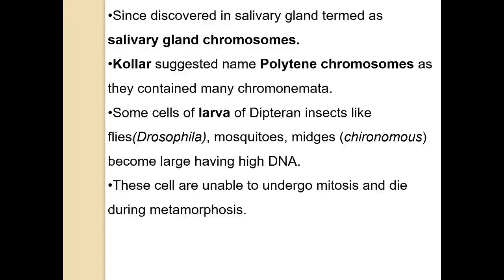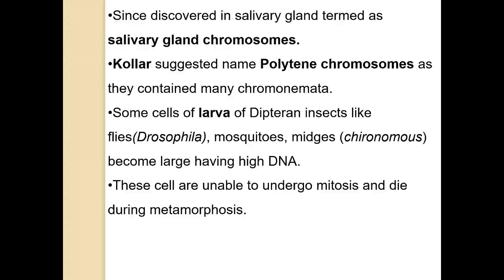Kollar also suggested the name polytene chromosome, because that chromosome has polychromonemata or polychromatids. Some cells of larvae of dipteran insects like flies, mosquitoes and midges become large, having high DNA content.